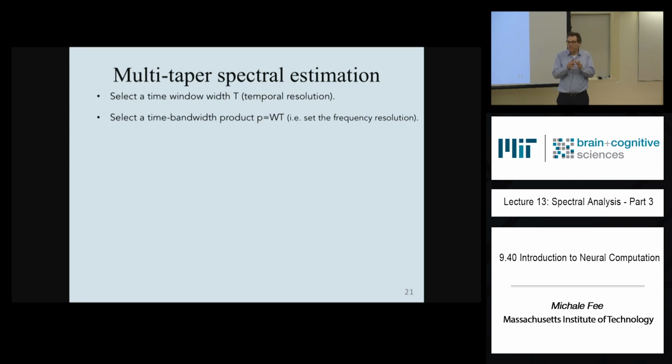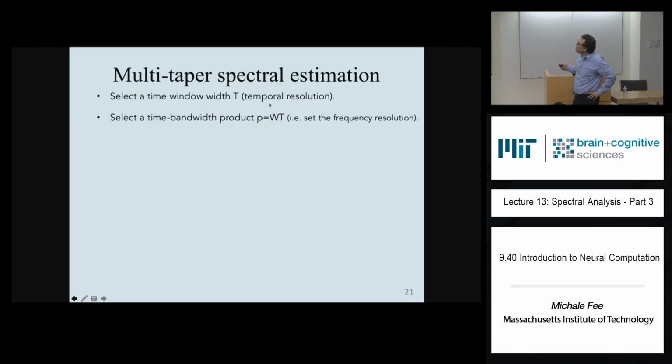The other thing is, if your signal is changing rapidly in time and you actually care about that change, you should choose, you're more interested in temporal resolution, right? If your signal is really constant, like it doesn't change very fast, then you can use bigger windows, right? Okay, so we're going to choose a time width. Then you're going to select this parameter p, which is just the time bandwidth product, okay? And if you've already chosen T, what you're doing is you're just choosing the frequency resolution.